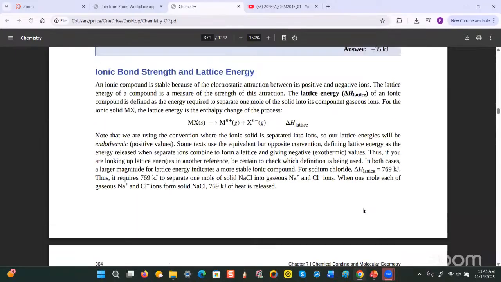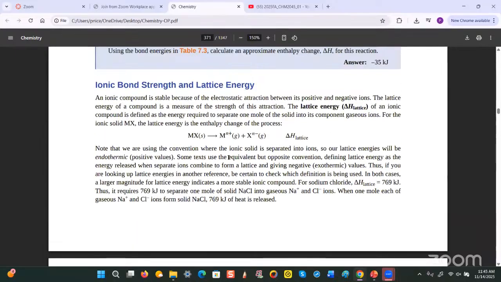According to your textbook, the definition of the lattice energy is the energy required to break up your ionic compounds into its constituent ions. In other textbooks, they say that the lattice energy is for the reverse reaction. Since your textbook says that, I'm going to use the textbook definition, even though in other textbooks you'll see something different.